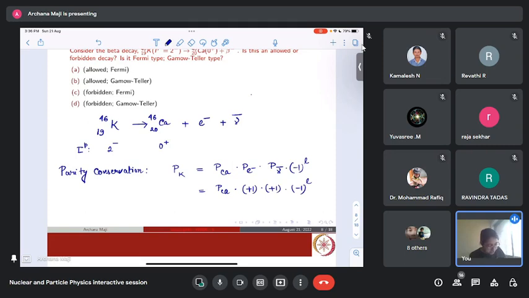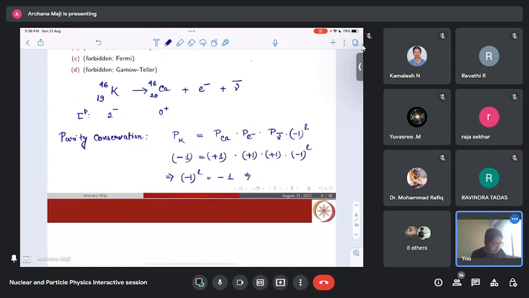We can see parity of calcium is plus and parity of potassium is minus. So (-1)^L is equal to -1, which means L has to be odd.